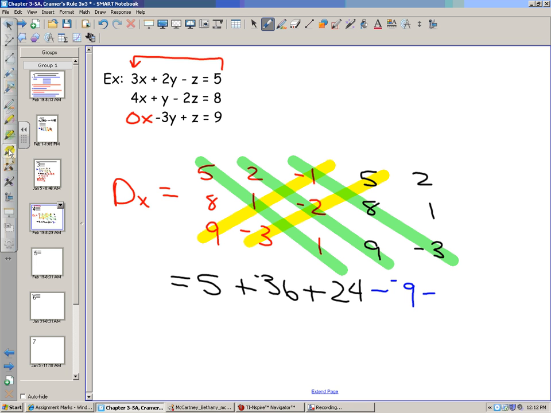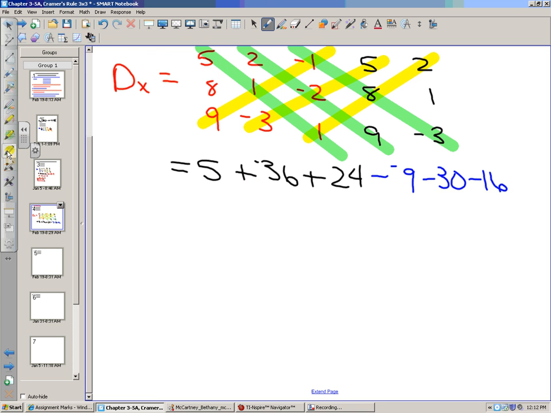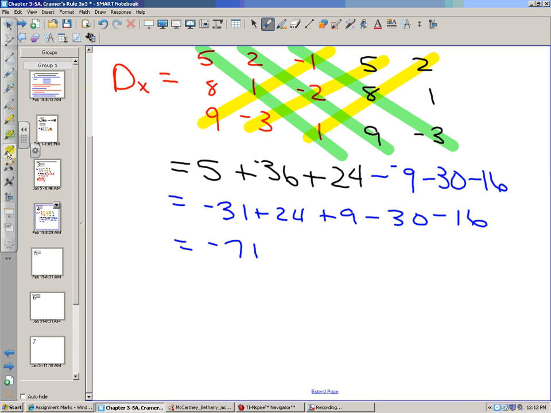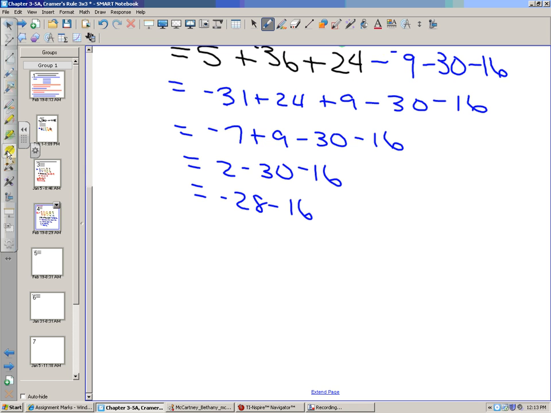Negative 3, negative 2, 5. Subtracting off 1, 8, 2. Okay. Now from left to right. Negative 31 plus 24 plus 9 minus 30 minus 16. Negative 31 plus 24 gives you what? Negative 7. Plus 9 is 2. 2 minus 30. And negative 16 gives you negative 44.